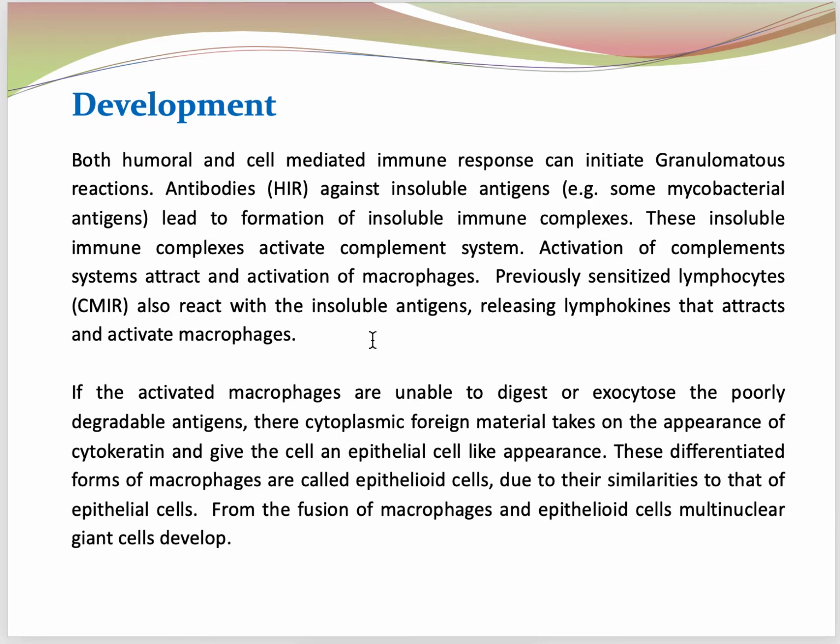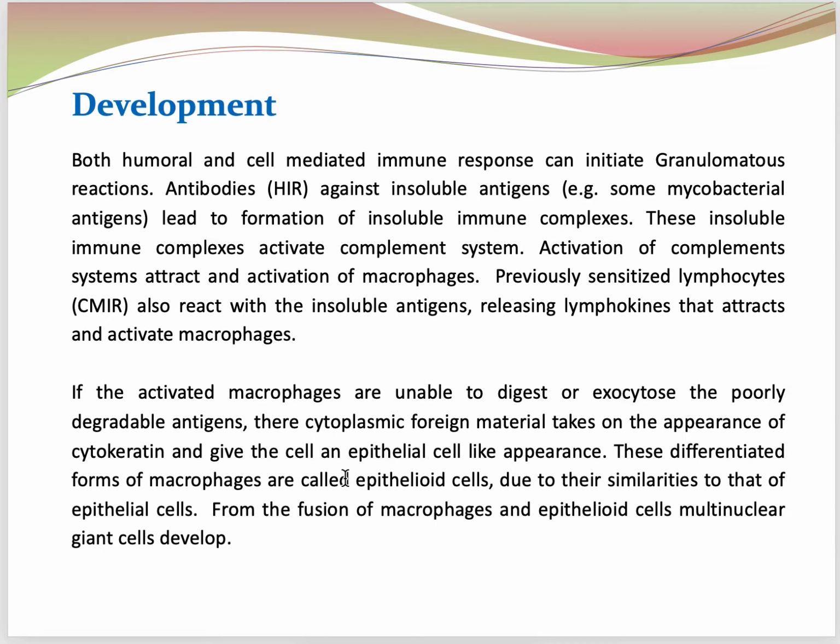Now, if these activated macrophages are unable to digest or exocytose the poorly degradable antigens, the cytoplasmic foreign materials take on the appearance of cytokeratin and give the cell an epithelial cell-like appearance. I mean, what is the role of macrophage? Macrophage wants to clear these antigens. How do they do this?